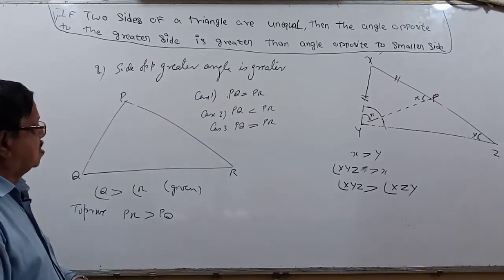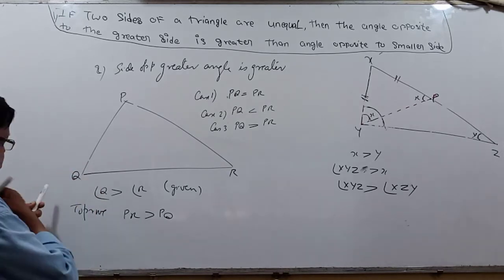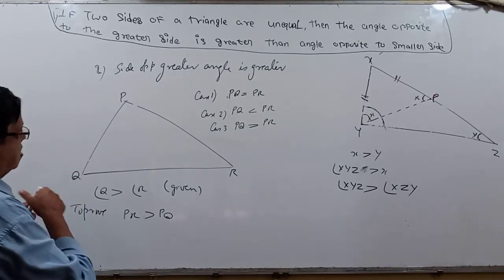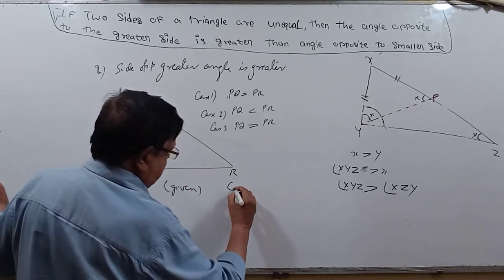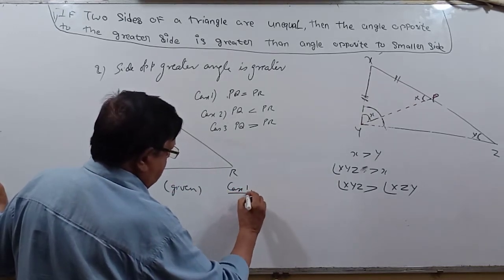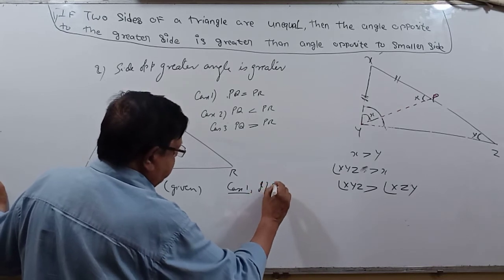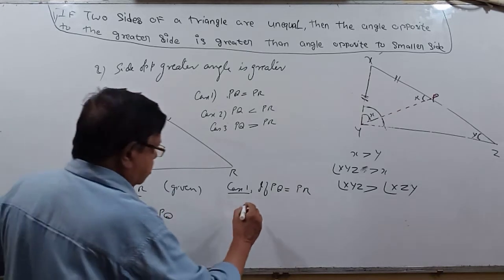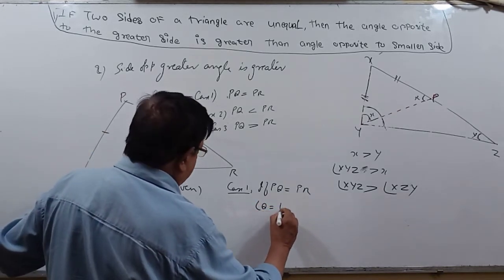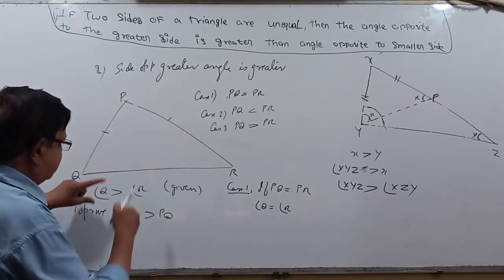Consider PQ equal to PR. Suppose PQ equal to PR, case 1. If PQ equal to PR, then angle Q equal to angle R, because of the isosceles triangle theorem.